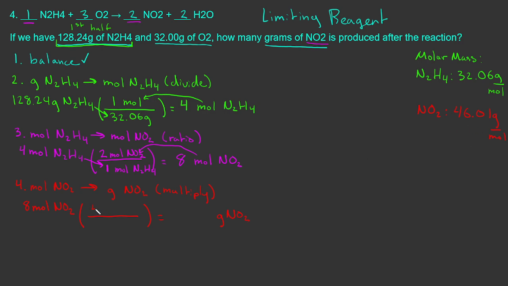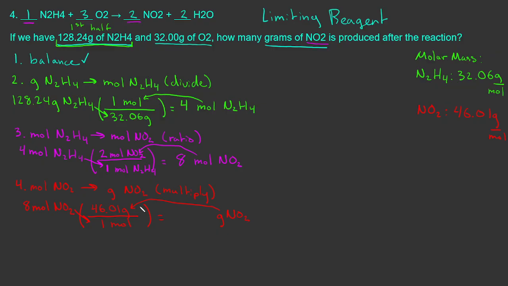This is going to be 46.01 grams over 1 mole, right? And so we just do the math. Remember, if you want to double check this work, the units that we want are on the bottom, so moles is down here. Since we want grams, that's up here.